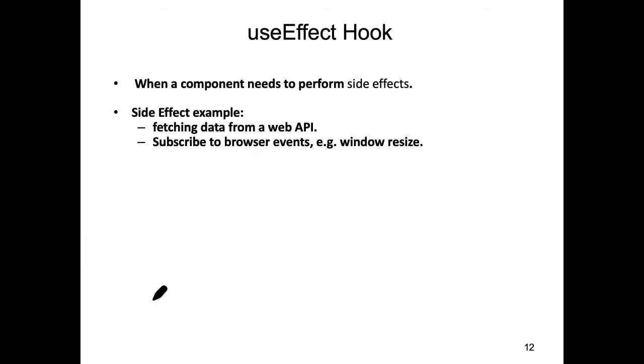In the context of React apps, there's one very obvious example of a side effect: if a React component wants to retrieve data from a web API, clearly the component is reaching outside of its own scope in order to get that data. Another example would be if a component wants to interact with the browser environment itself. We would use the useEffect hook to program that in some way.